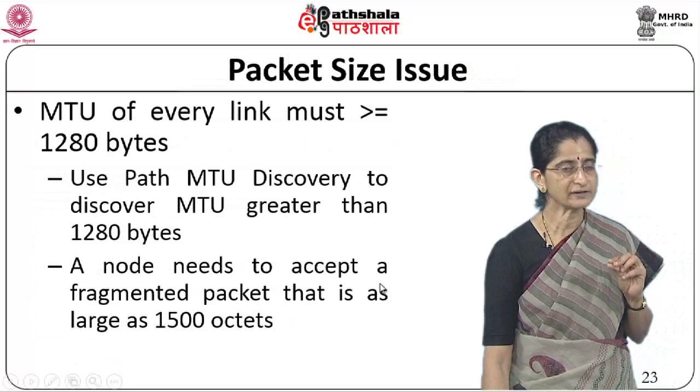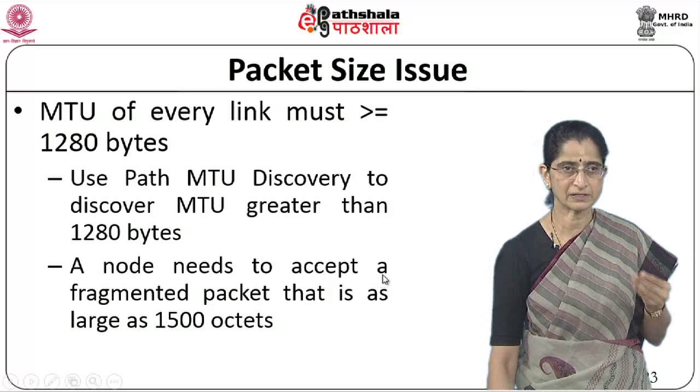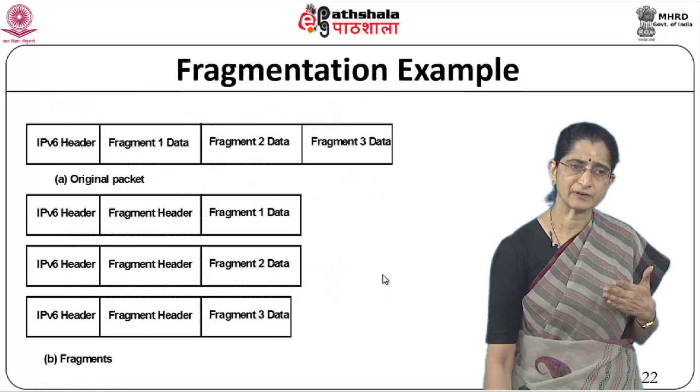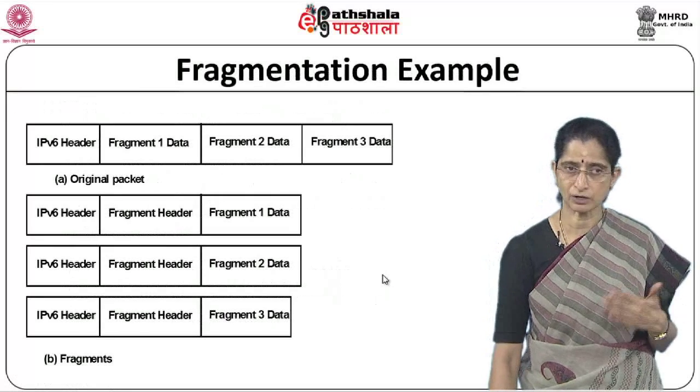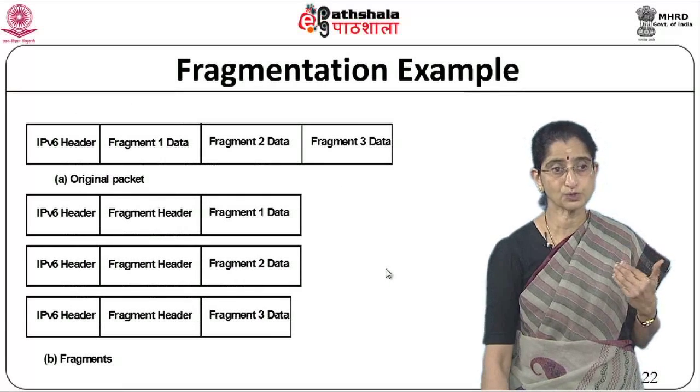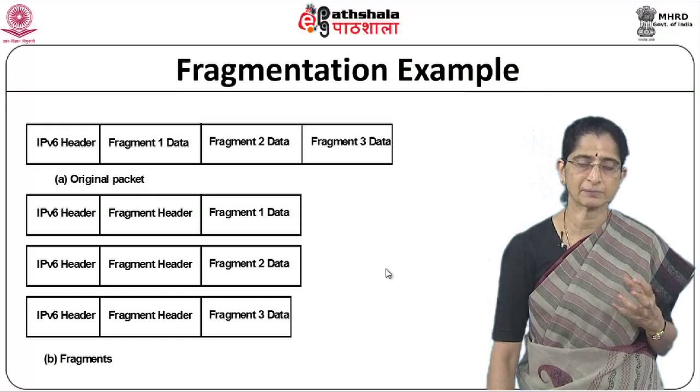Now one interesting fact to note about the fragmentation part is that, remember, fragmentation is supported only by the source and not by the routers. Then how is it that the source will get to know the size of the fragments that it has to use?